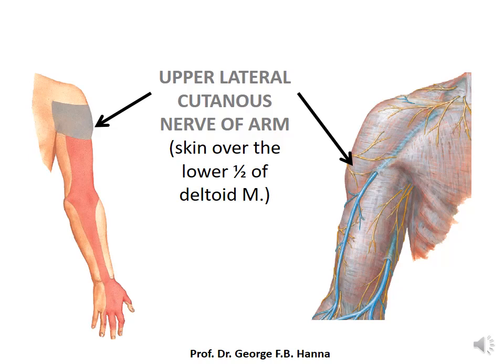So what about from down below, from the level of insertion of deltoid till the elbow? I think this is supplied by the lower lateral cutaneous nerve of the arm. Let us see in this lecture where it originates.